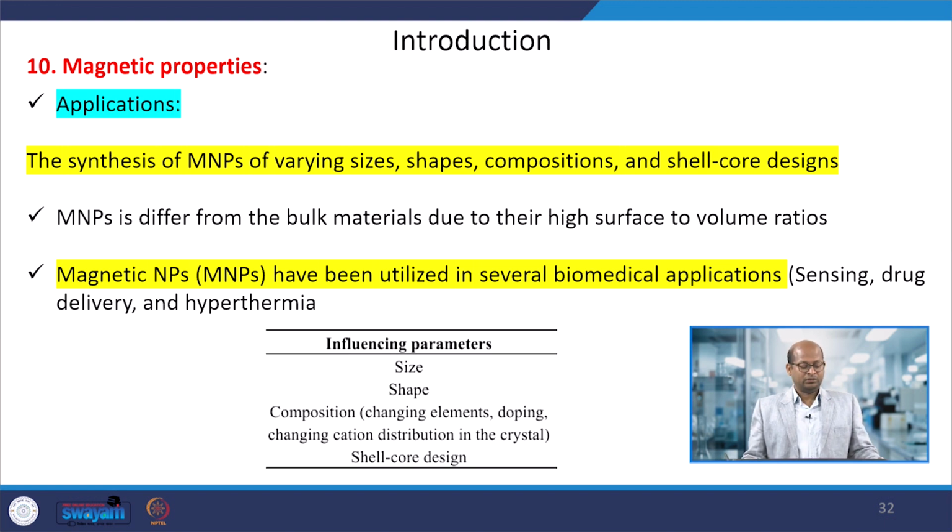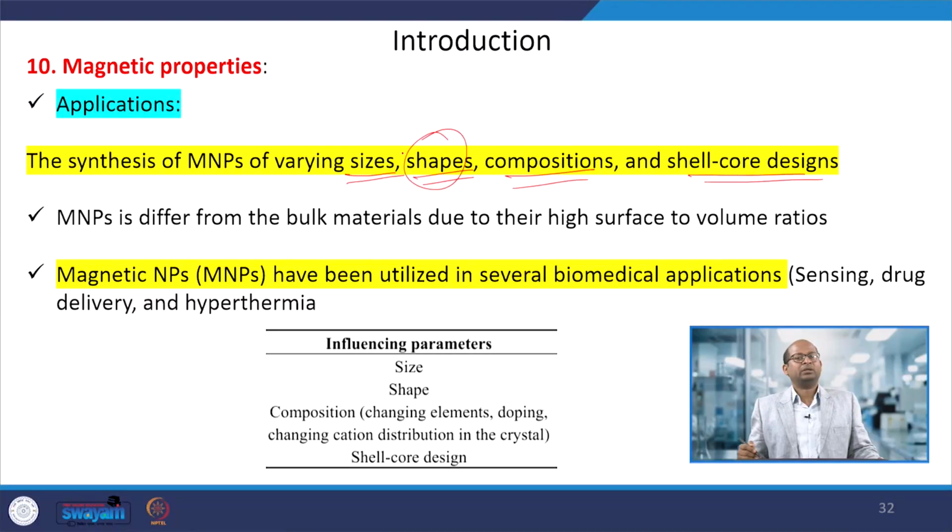Now for application-oriented materials, the magnetic property depends on the size, shape, composition and core-shell design. Whatever nanomaterials we prepare, we can prepare various sizes, 100 nanometer, 50 nanometer, 20 nanometer, 10 nanometer particles. If the composition is the same but the size is different, then the magnetic properties will be different.